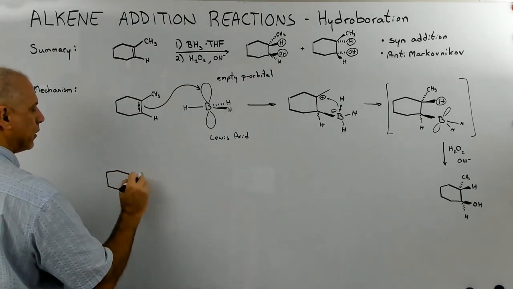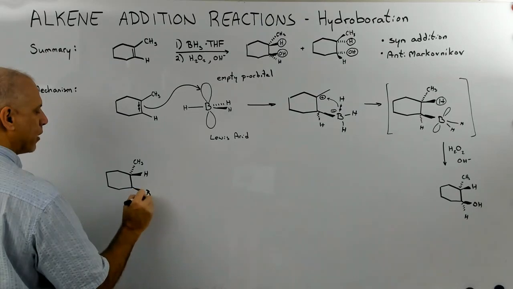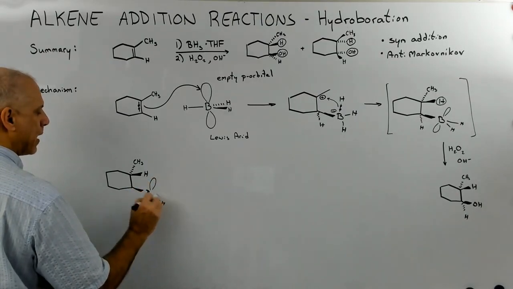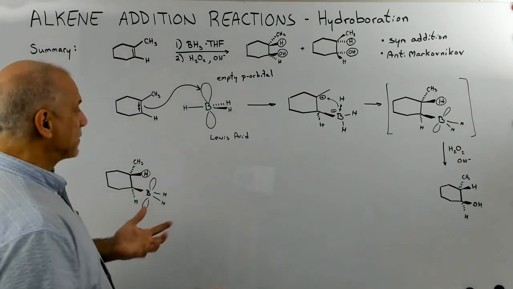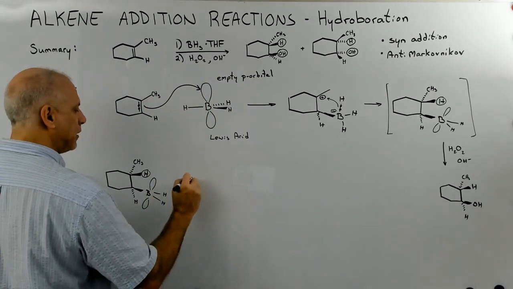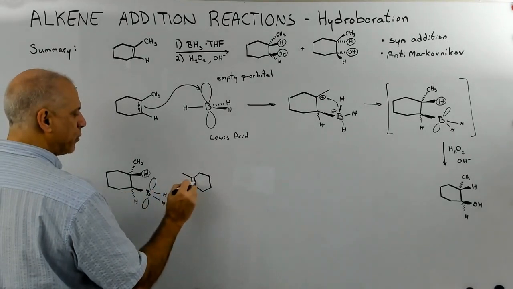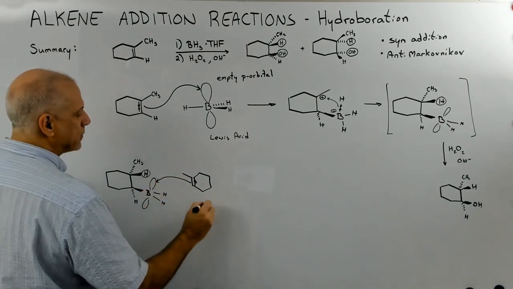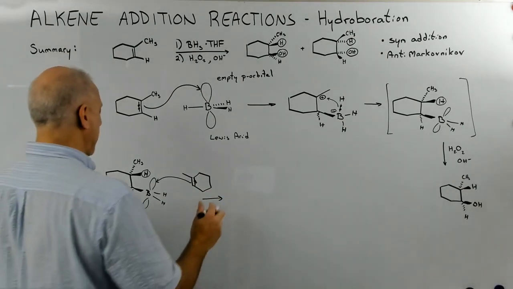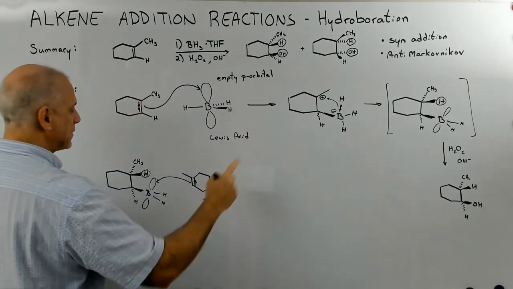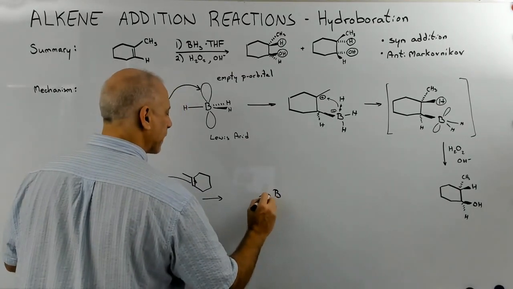So we have this compound, CH3, the boron with its empty p orbital, hydrogen, hydrogen, and this is the hydrogen that it added. And what's going to happen is the same thing. This is going to repeat itself. So I'm going to draw this molecule like that, and this is going to pull in the pi electrons from another reagent molecule and go through the same process and deposit a hydrogen on the same face.